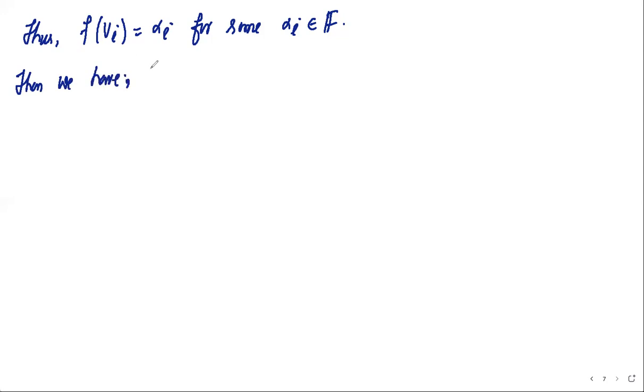We can write it in this way: f of vi is equal to alpha i, and this is equal to alpha i fi of vi, because fi of vi is equal to 1.